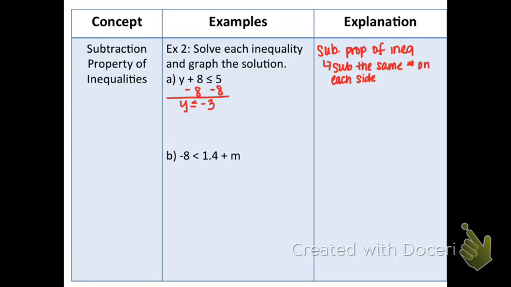So then let's graph the solution. So this is negative 3. And again, I'm going to choose a point to the left and a point to the right. So because this is less than or equal to, I know that my negative 3 is included in my solution. So then let's go ahead and test points.